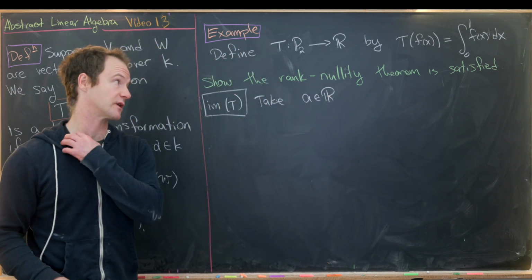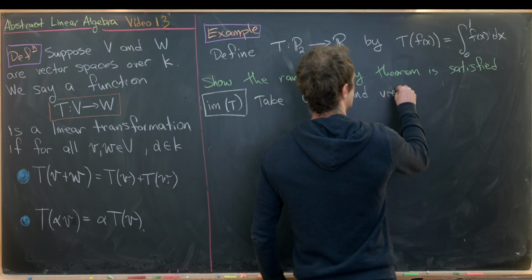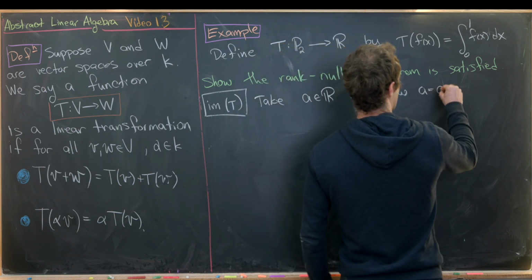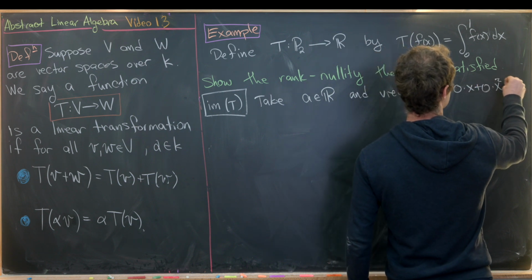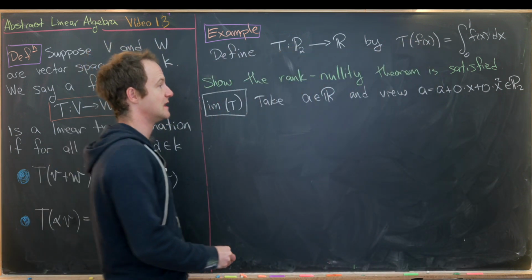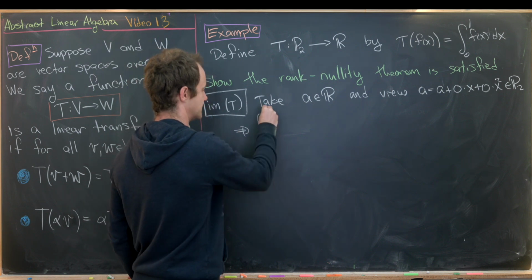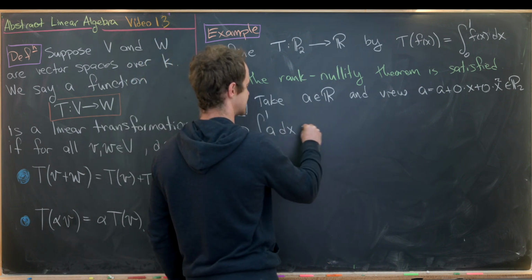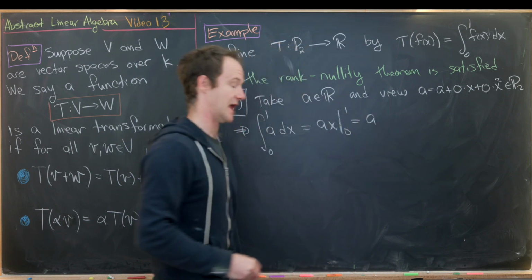So I'm choosing a real number arbitrarily, and view a as a plus 0 times x plus 0 times x squared in P2. Okay. And then let's notice that we have the integral from 0 to 1 of a dx is equal to ax evaluated between 0 and 1, which is a.